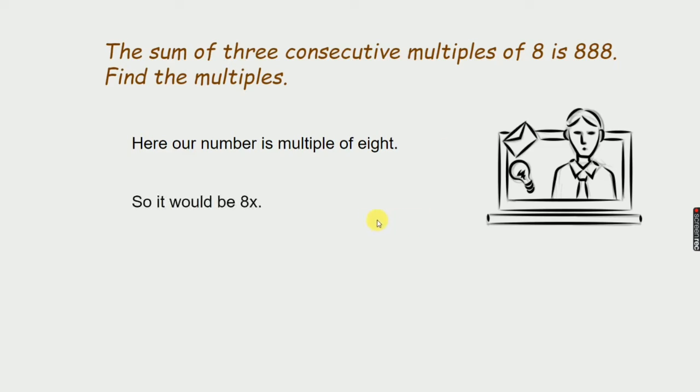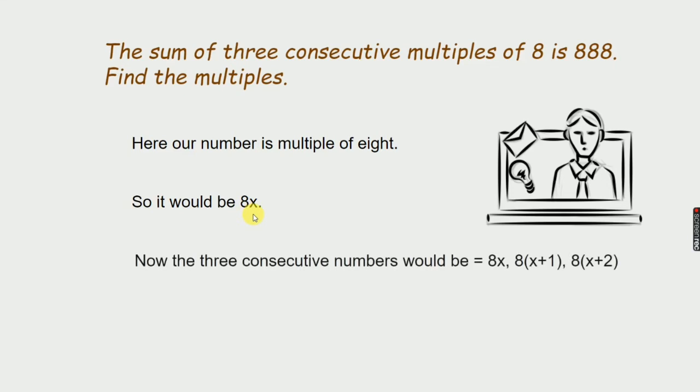So our first number would be 8x. 8x means it is a multiple of 8, and the next consecutive numbers would be 8 into x plus 1 and 8 into x plus 2.